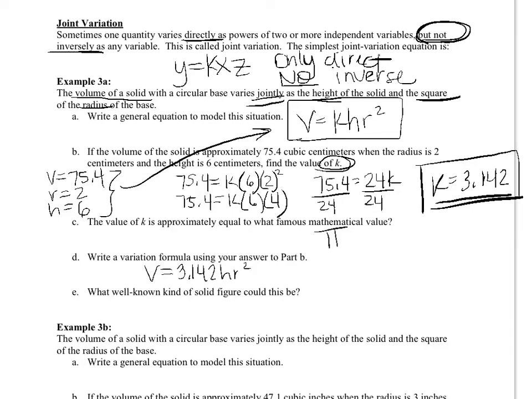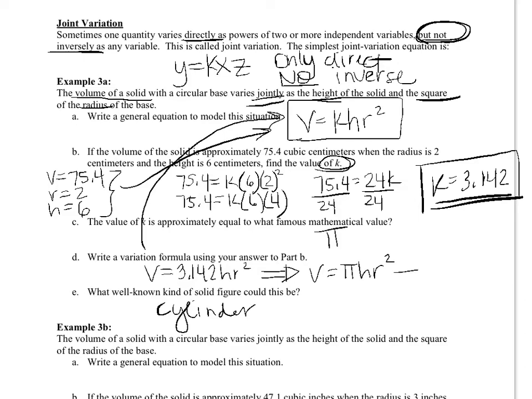We're just plugging k in for that equation. Or we can say volume equals pi h r squared. And that is actually the volume for a solid with a circular base. And we know that as a cylinder. You might even be familiar with it as volume equals pi r squared h. Any one of those ways.